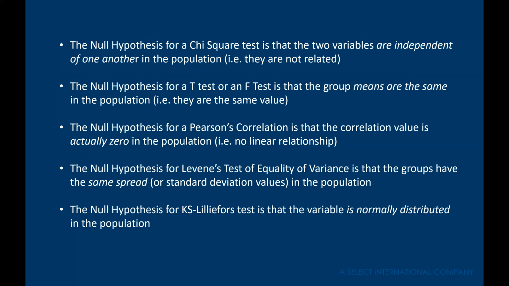This is really confusing for a lot of students, because when they do a Lilliefors test and it comes up with a probability of less than 0.05, 0.04 let's say, what they're doing is rejecting the idea that the data is normally distributed in the population. If it's above 0.05, like 0.07 or something like that, then there isn't enough evidence to reject the idea that the data is normally distributed.